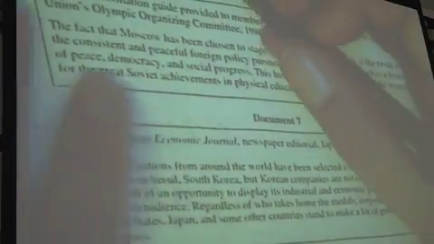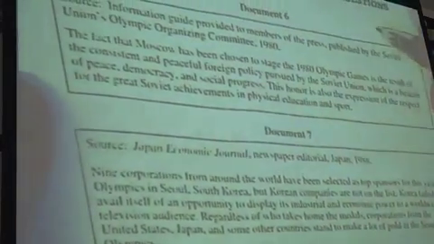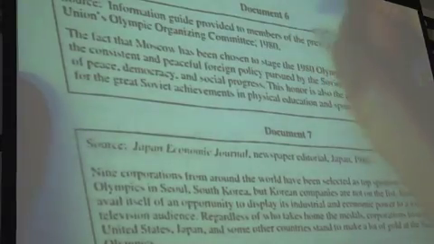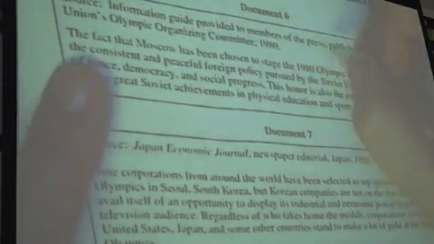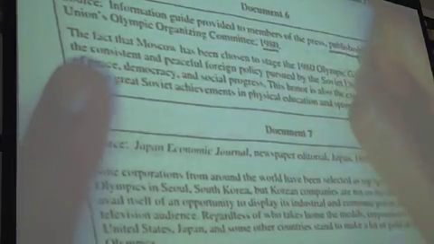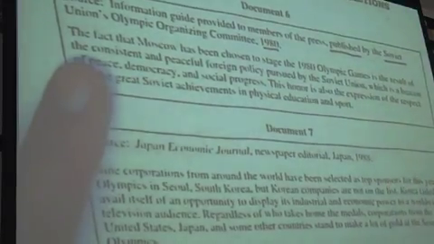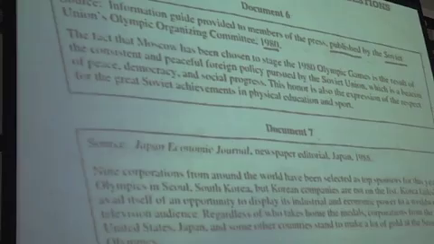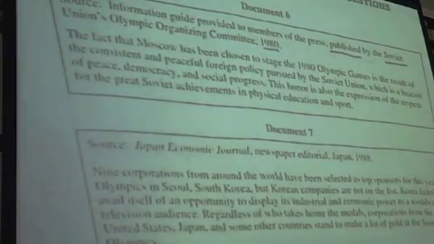It's an information guide provided to the members of the press, published by the Soviet Union's Olympic organizing committee in 1980. So published by the Soviets. Huge POV oozing here.